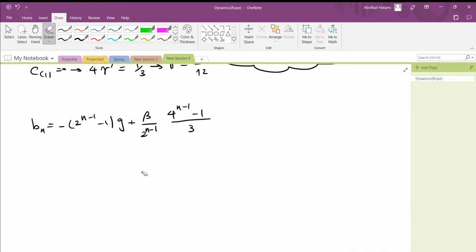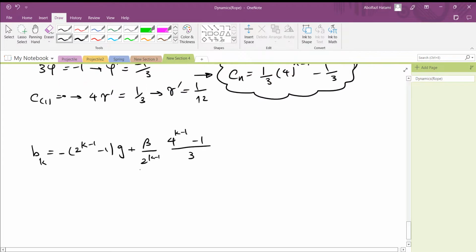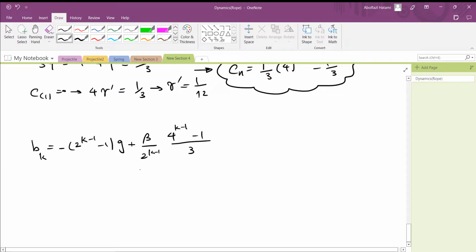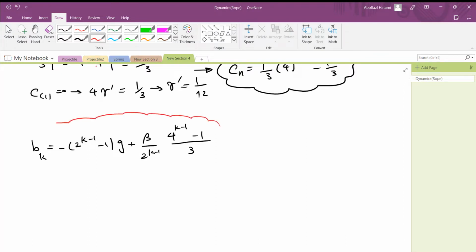I can say that b_k is equal to 2 to the power k minus 1 beta, actually 2 to the power k minus 1 times 4 to the power k minus 1. Here I obtained b_k in terms of k and beta and also g, which I think is the answer of part D.